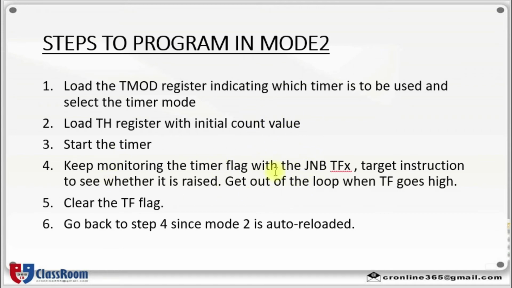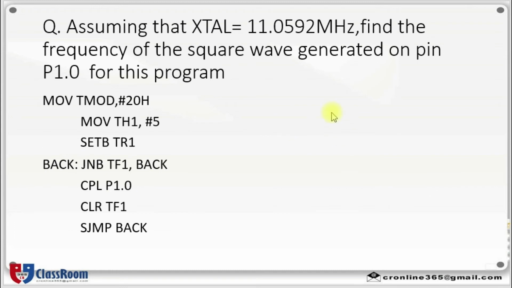Then we can see a program for this mode of operation. Assuming that the crystal oscillator frequency is 11.0592 MHz, find the frequency of the square wave generated on pin P1.0 for this program. The program is already given. You have to find out the frequency of the square wave generated. So, first the TMOD register has to be loaded.